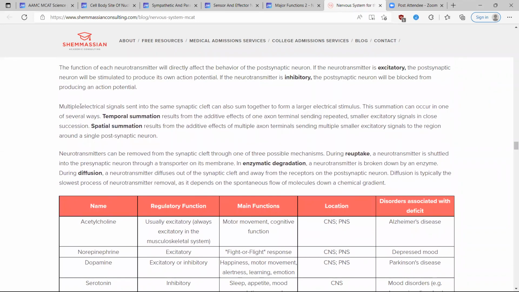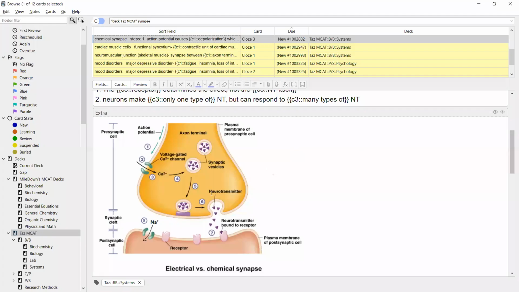And we talked about those electrical signals, and we talked about reaching threshold. And there's two major ways for this to happen. Temporal summation means that the one axon terminal is sending those neurotransmitters over time, repeatedly. So maybe just pretend like this thing needs, I don't know, 20 neurotransmitters to shoot off an action potential.